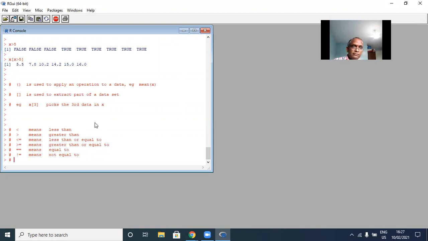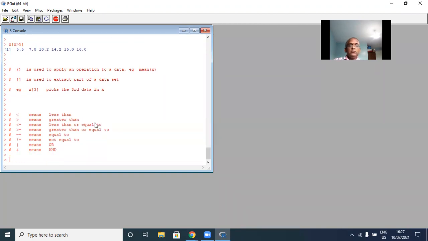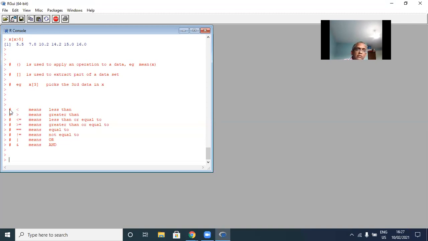And if you have a vertical bar like this, it means, I think I already said, or, right? And finally, if you have this symbol, that means and, right? So these are the operations that are commonly used in R, right?